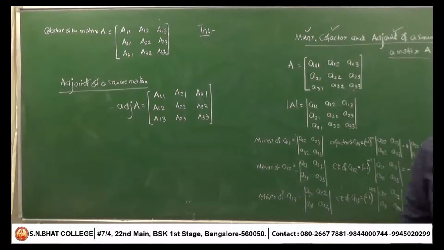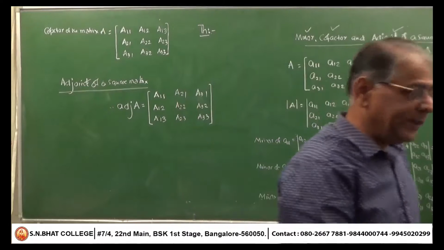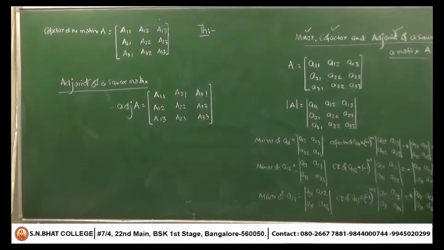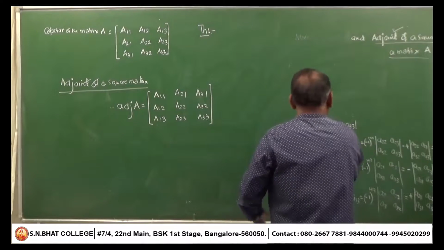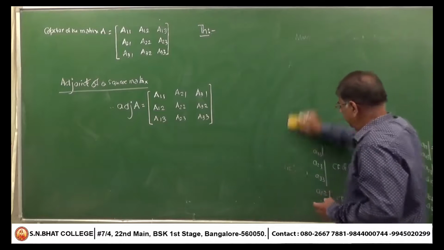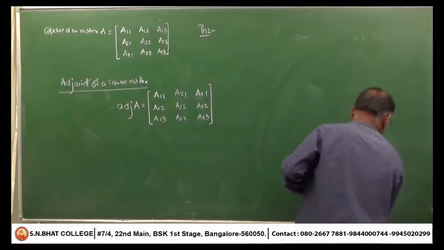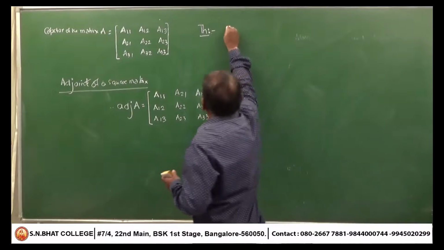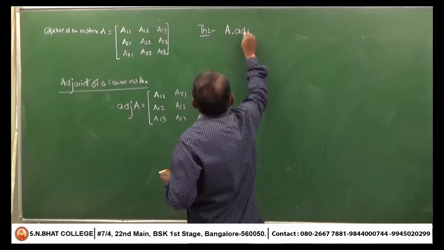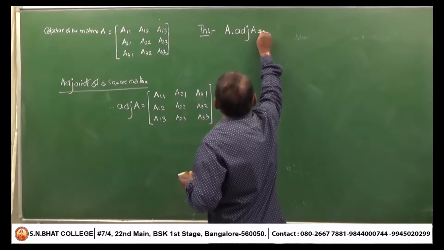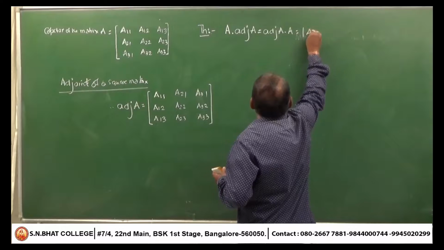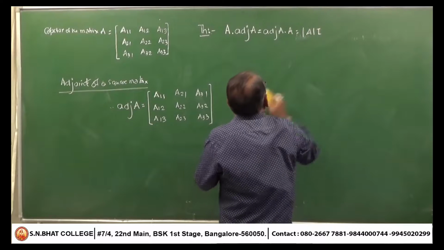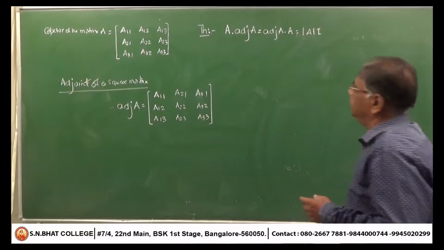Theorem number 1: if capital A is a square matrix, then A into adjoint of A is equal to adjoint of A into A, which is equal to determinant of A into I.